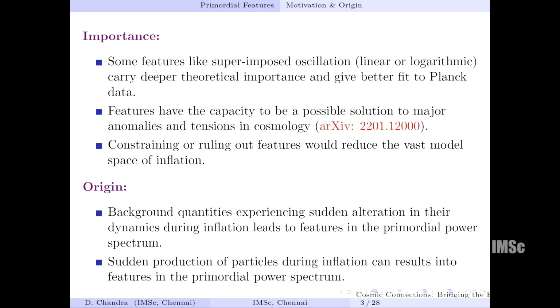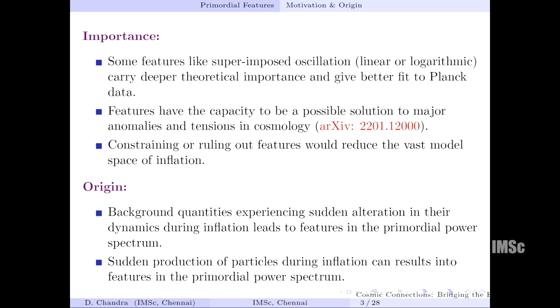Furthermore, in the latest work of Hajra et al., they have shown that some primordial features have the capacity to solve some of the cosmological anomalies and tensions. All these things prompt us to consider primordial features more seriously, and that is the prior motivation behind doing this work.